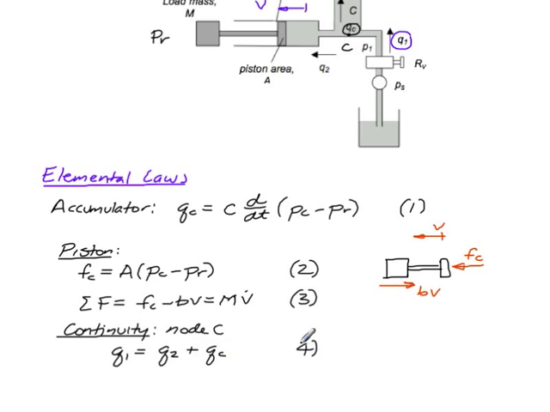So this is equation 4, and I will also write down that the flow into the cylinder Q2, mass flow rate, is the area of the cylinder A times the velocity V. So as the piston moves to the left with some velocity V, it's bringing in a flow rate of A times V. So these are our 5 equations that we have.